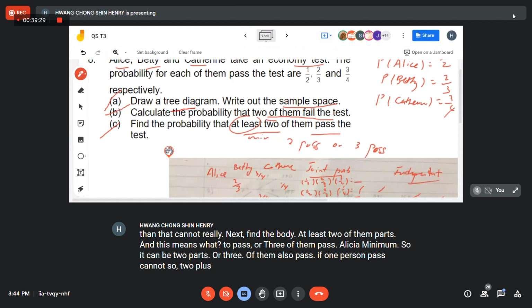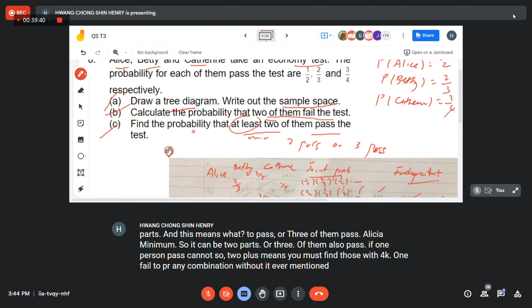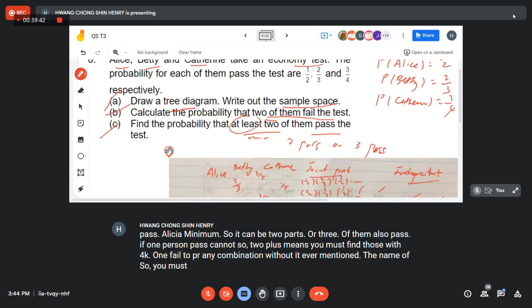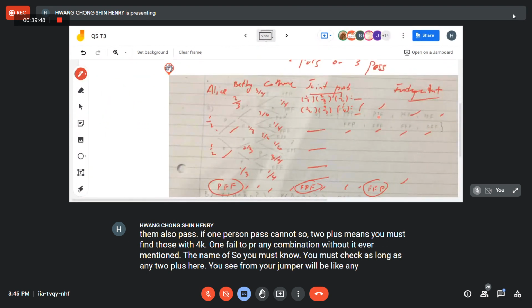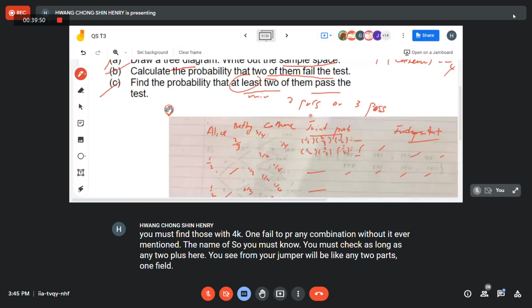So two pass means you must find those with two pass, one fail, any combination. It never mention the name, so you must check. As long as any two pass, you see from your joint probability, any two pass, one fail, you can take and add it up.